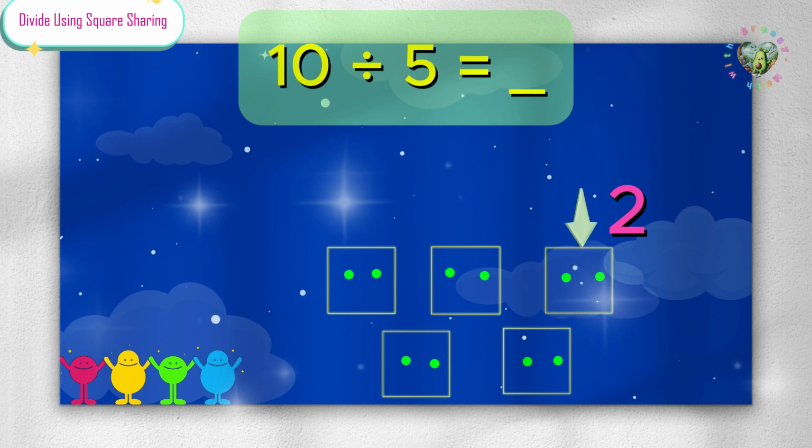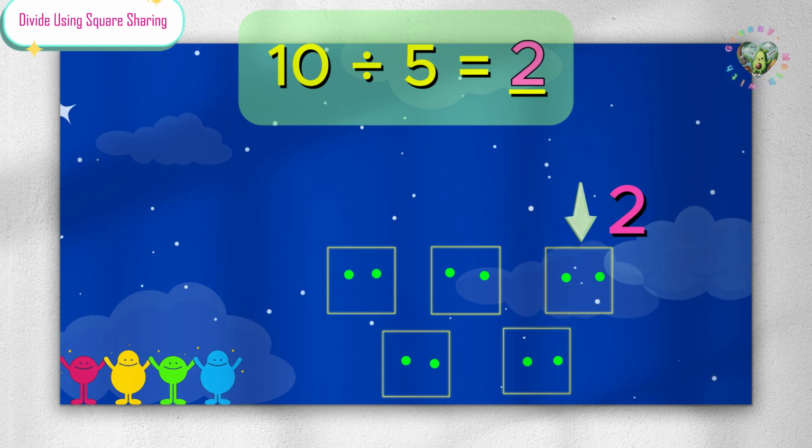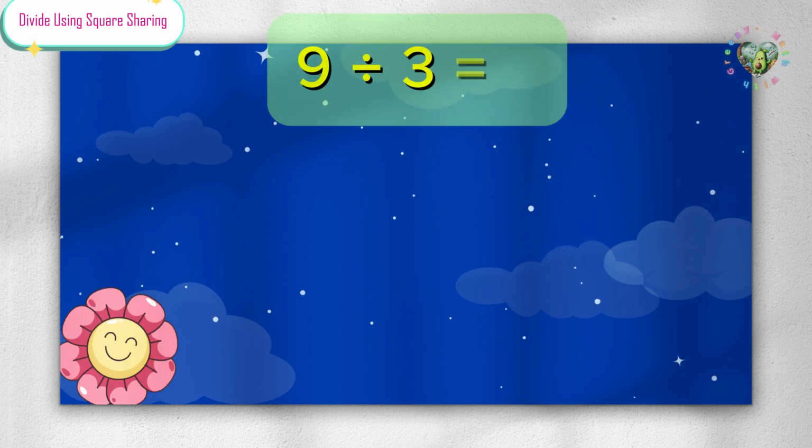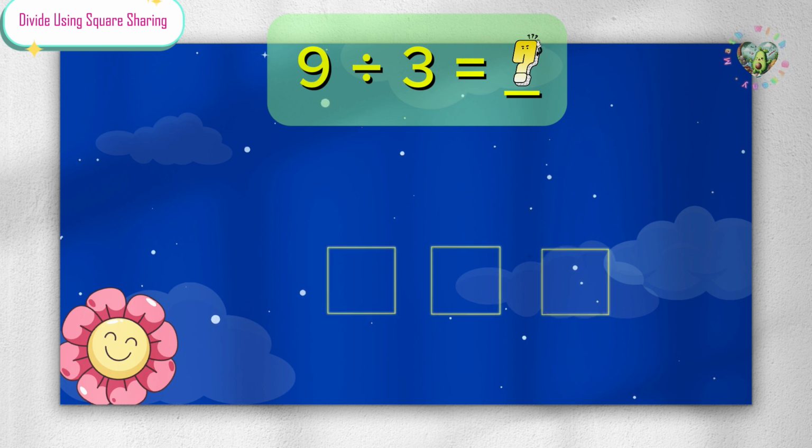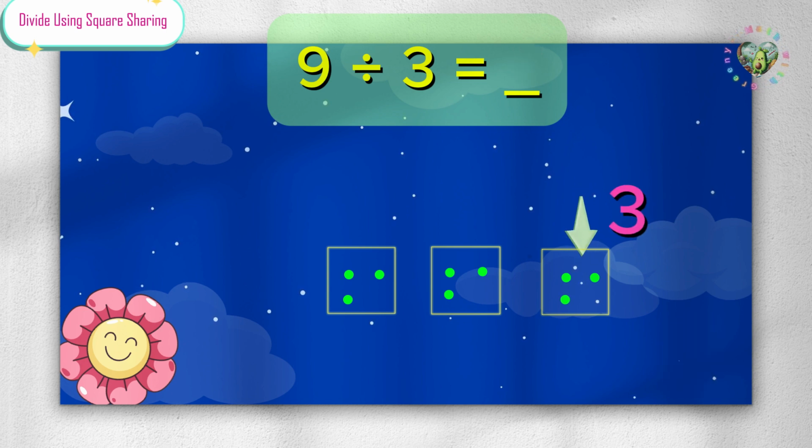It's 2. Bingo. Next up, 9 divided by 3. Perfect.